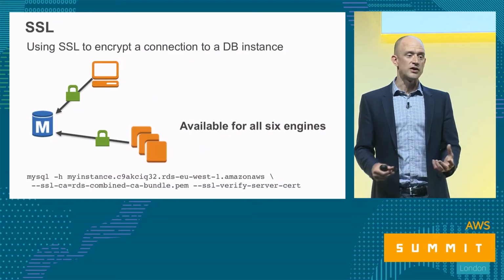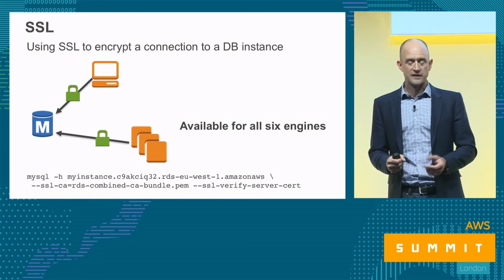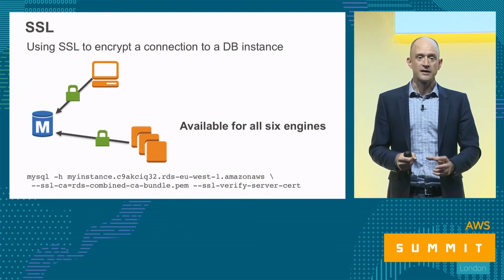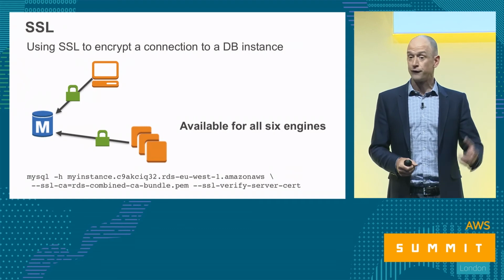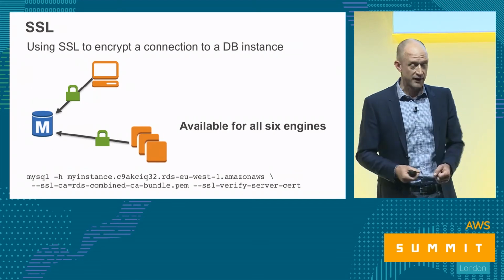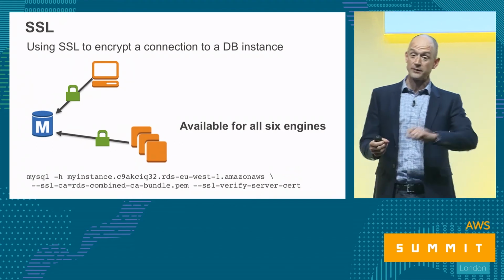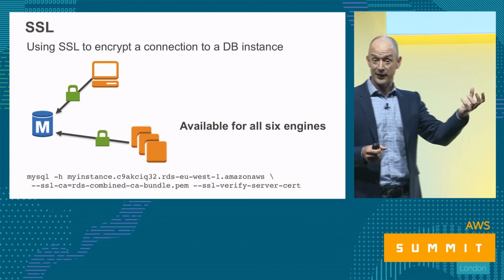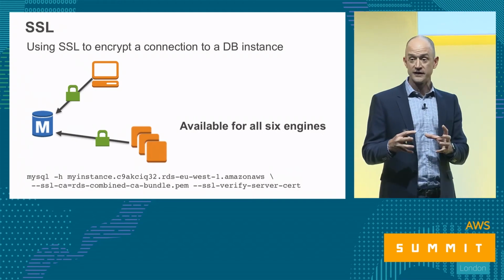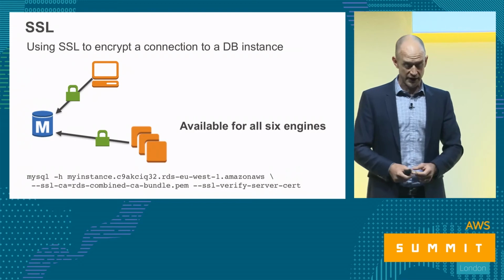So another way that you can secure access to your database is by encrypting the data in transit from the client that connects to RDS as the server. And we provide for that within RDS using SSL. This gives you the ability to encrypt data in transit, for example from your application server to your RDS instance, or from a DBA's workstation to your RDS instance.